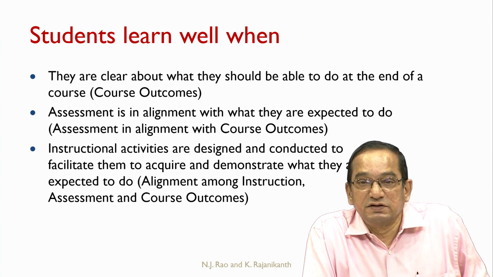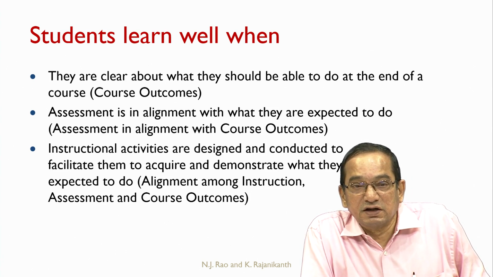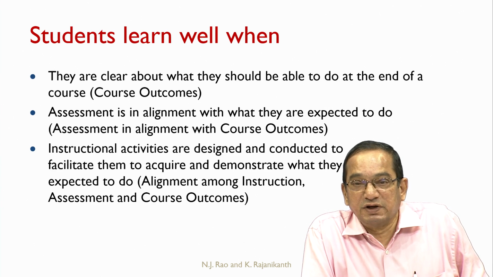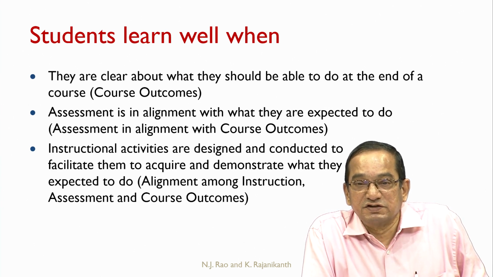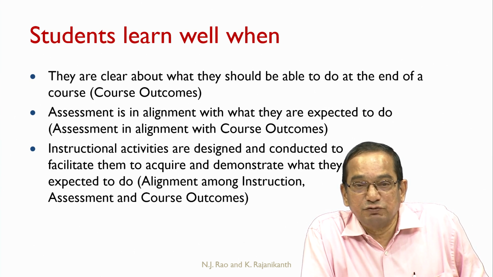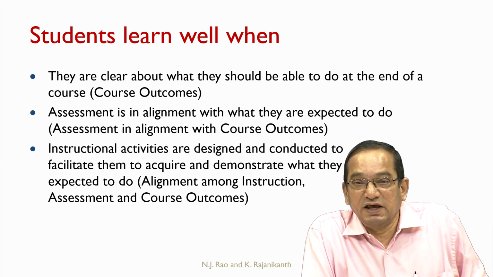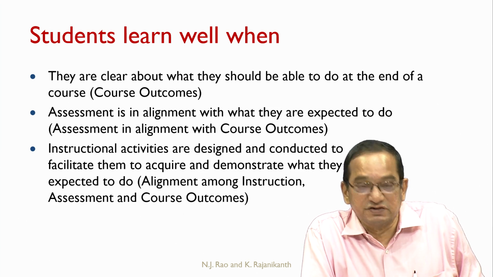Instructional activities are designed and conducted to facilitate the students to acquire and demonstrate what they are expected to do. In other words, we expect alignment among instruction, assessment and course outcomes. When these conditions are met, the likelihood for the students to learn well dramatically increases.